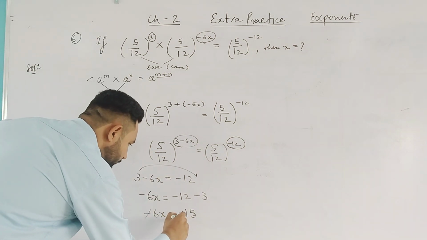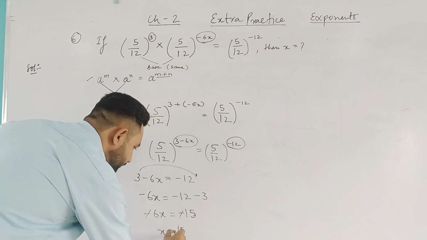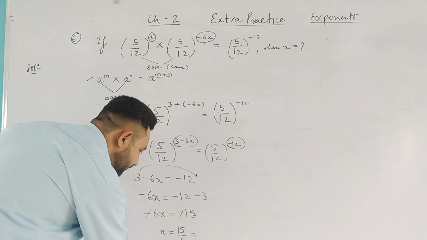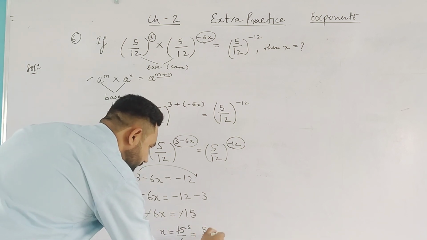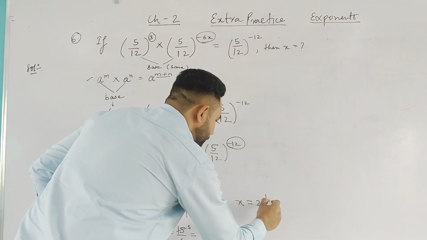So minus minus will be eliminated as they are on both sides, and here I will write 15 by 6. Now what is the table of 3? 3 into 5 is 15. It will become 5 by 2. So what will be the final value of x? 2 whole 1 upon 2.